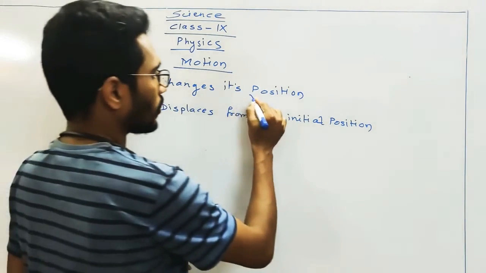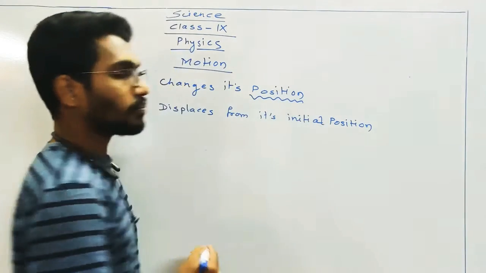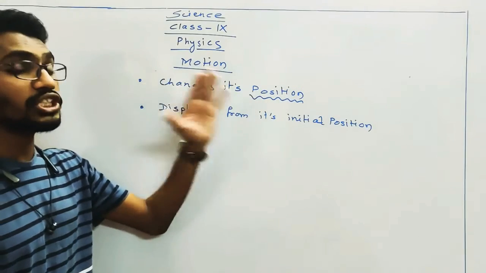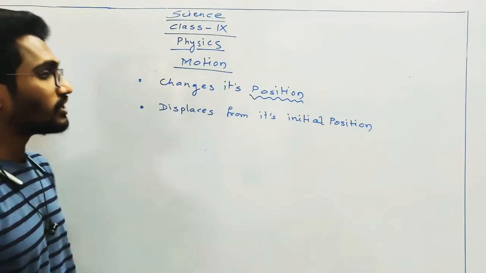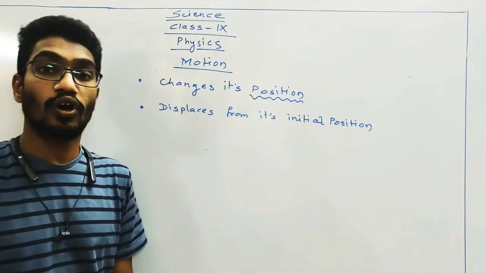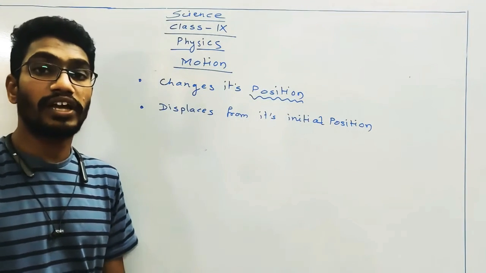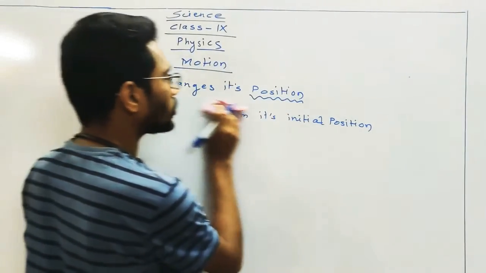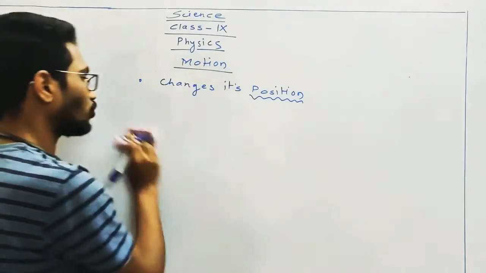Okay. अगर आपको position पता होगी, then only we come to know whether the object changes the position or not. So the first thing is you must describe the position of an object, then find out whether that object changes the position or not. Okay. Then how to describe the position of an object? So we'll take an example.